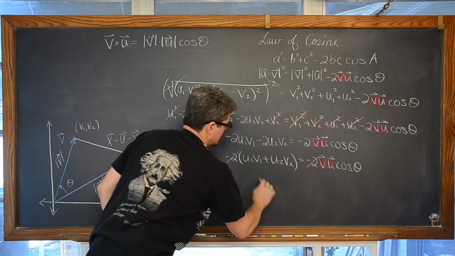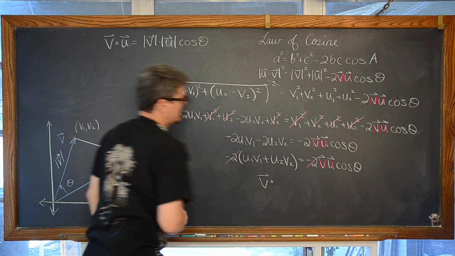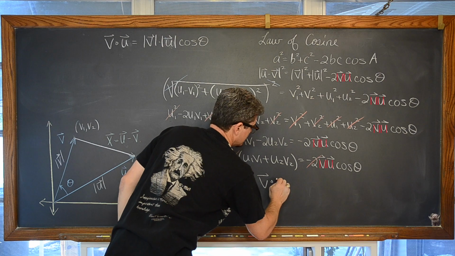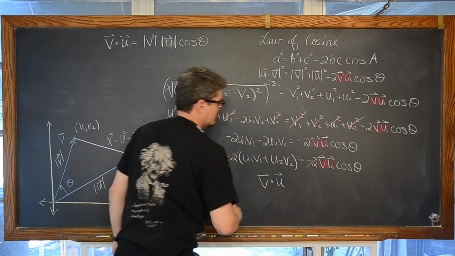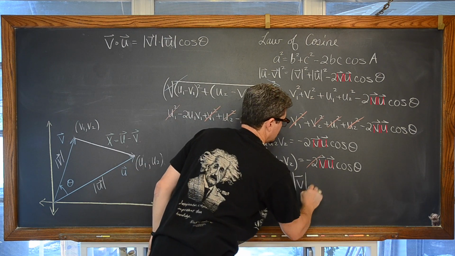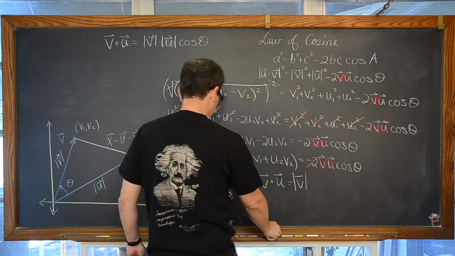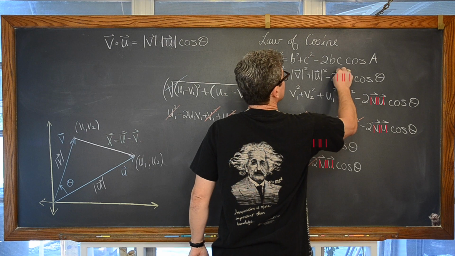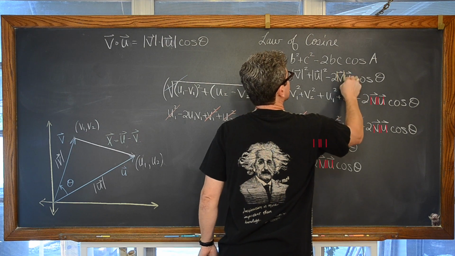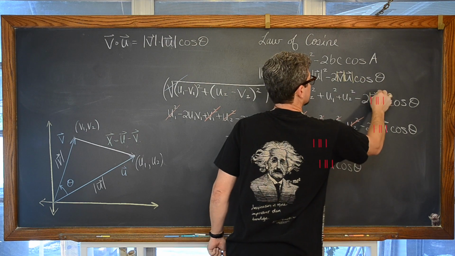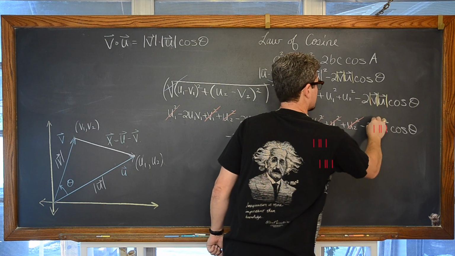So this is the dot product of vector v and vector u. I did all this work and did not include magnitude notation here. I am so sorry about that.